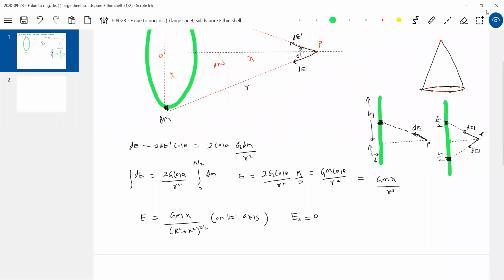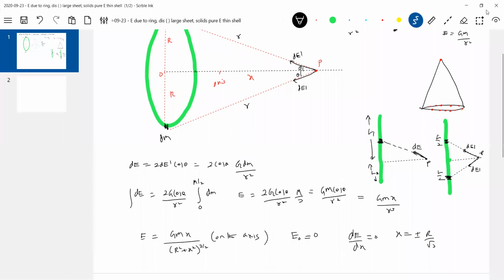If I differentiate dE by dx and equate it to 0, I get x equal to plus or minus r by root 2, on either side of the ring on the axis. At a certain point it will have a maximum, not a minimum, because it is 0 at the center and 0 at infinity.